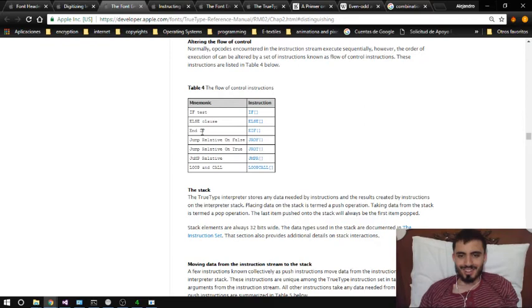Okay, so it's a whole set of instructions. It's like there's a TrueType font language inside. That's really crazy.